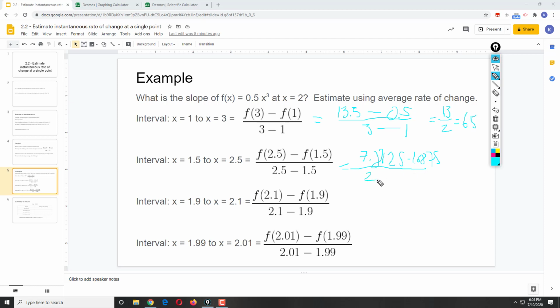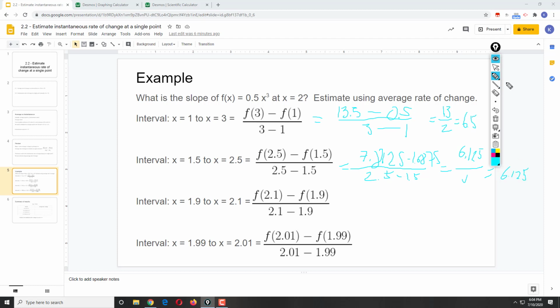Divide by 2.5 minus 1.5. So we have 7.8125 minus 1.6875. When we subtract this, we get 6.125 divided by 1, so 6.125.